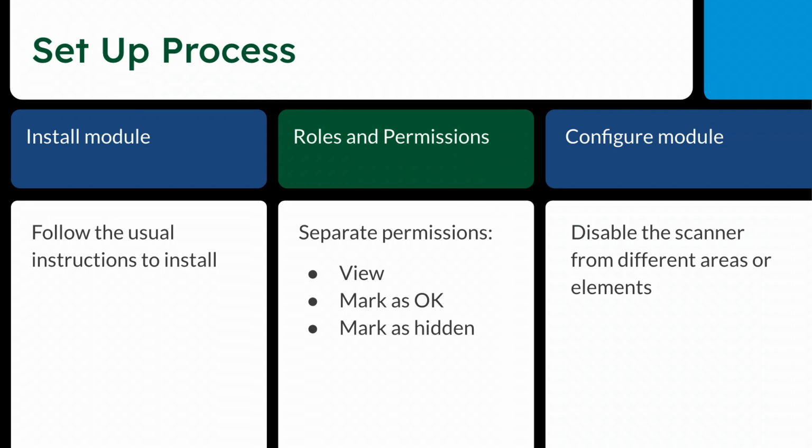So you have permissions to do that separately. Then there's mark as okay and mark as hidden. Those are the 2 little options on there. We actually did not enable those for editors because I really don't want them marking something as okay just to get it off the page when it's not really fixed. So we wanted to leave that more towards admins and marketing.